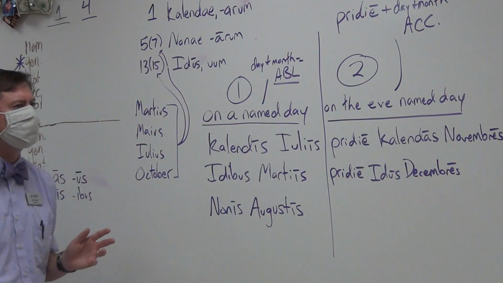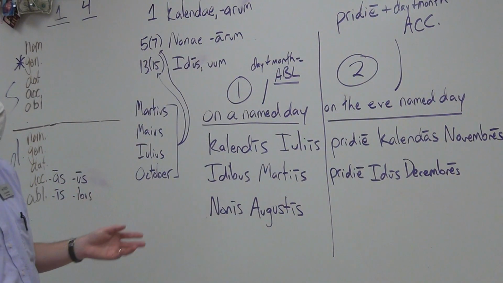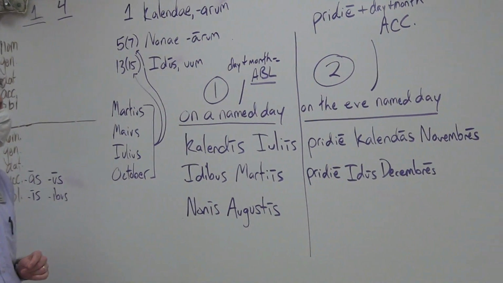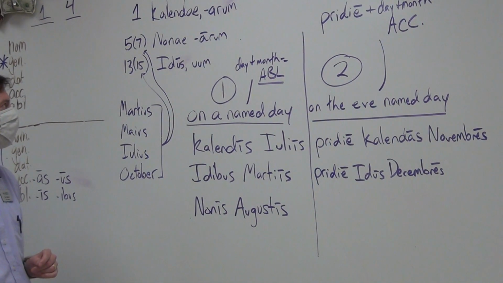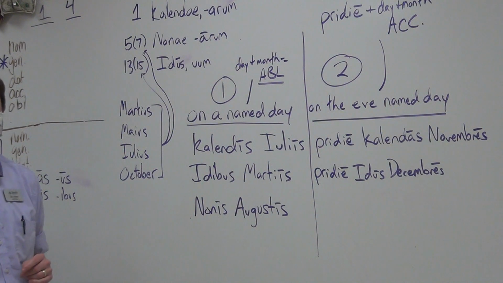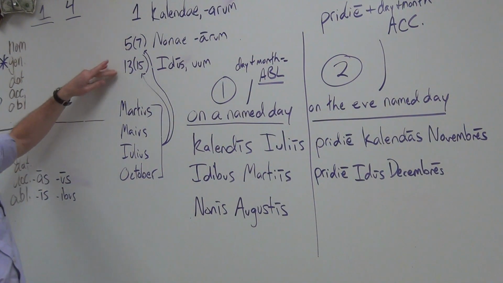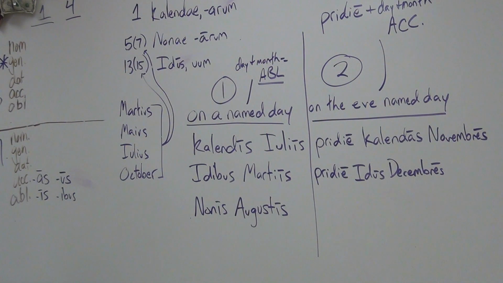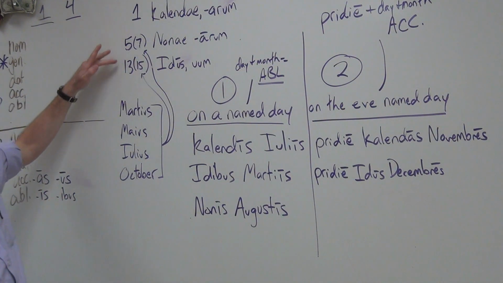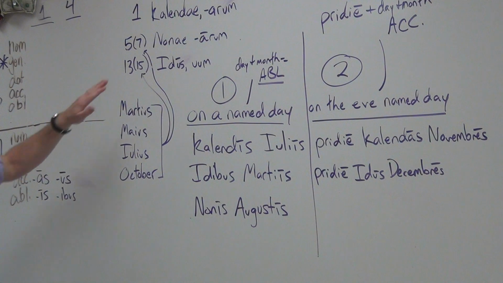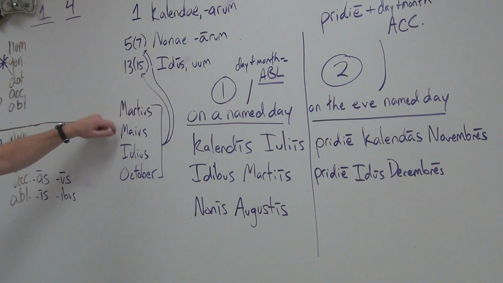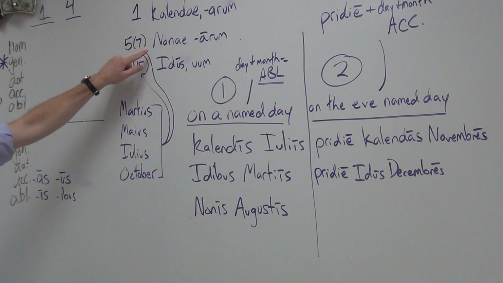Lastly, let's say we take, I don't know, May 6th. Now, does May 6th fall on one of these days? No. But it does fall on the day before one of these days. And which one? The nones. Because remember, May is one of the 4 months for which the nones fall on the 7th.